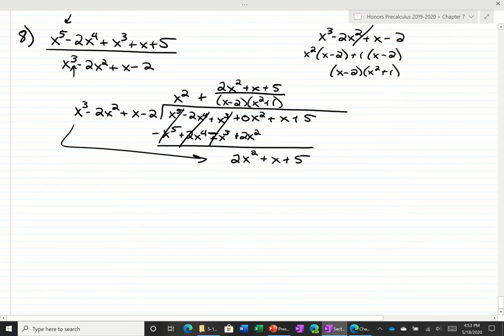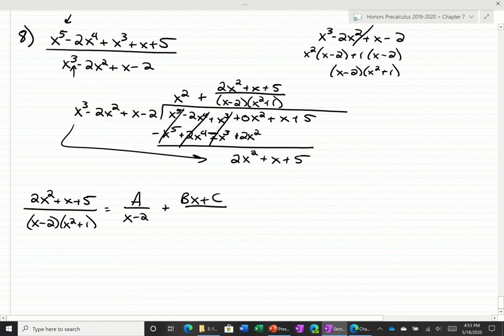Alright, so we're going to decompose the remainder. So we're going to have a factor over x minus 2, and because the second one's quadratic, we have to write bx plus c over x squared plus 1.